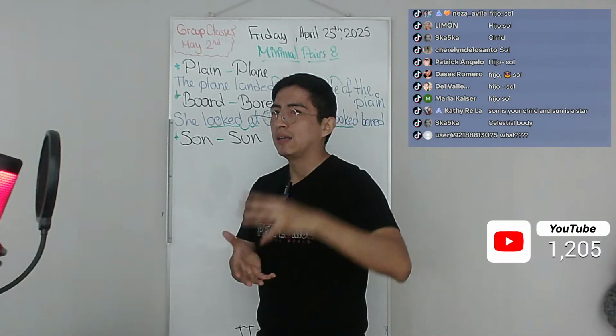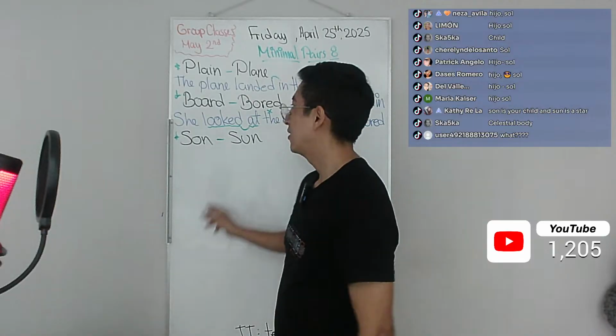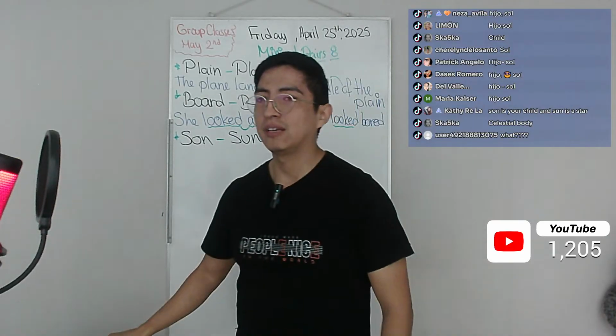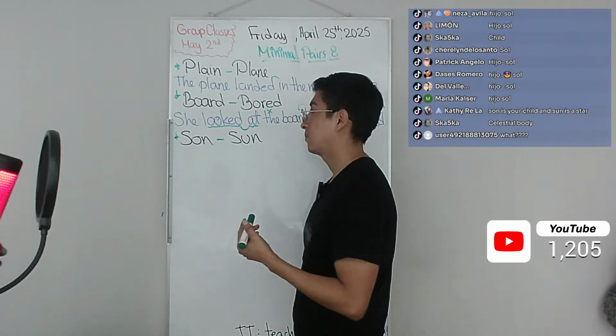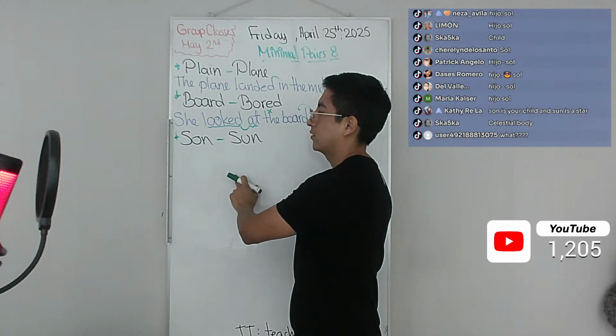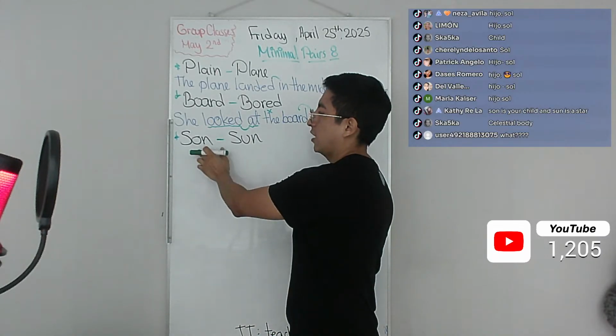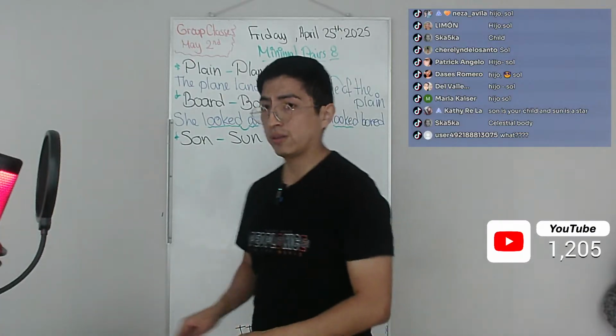There are way bigger stars in the universe. So we should value our star. Guys, is the pronunciation in this case similar or different? What do you think? Sun, son. Is it similar or different?